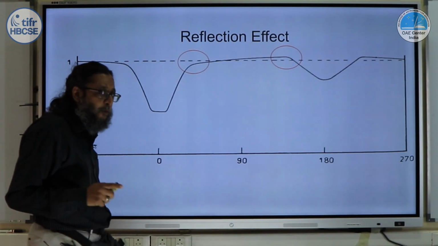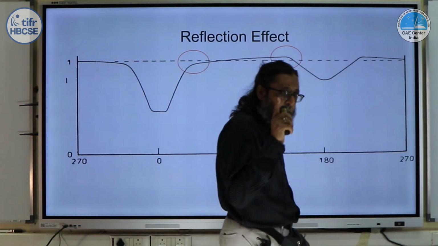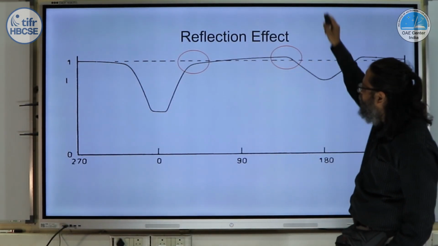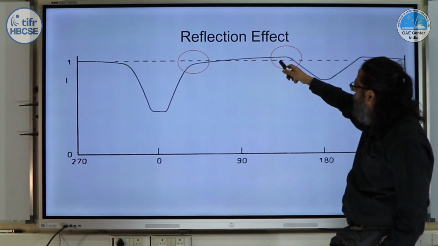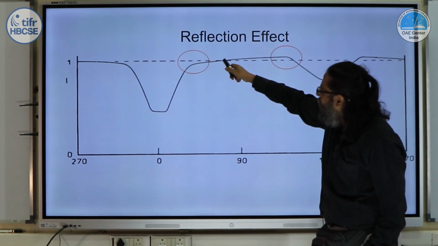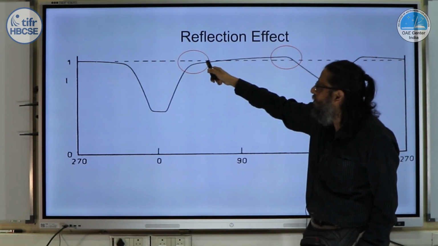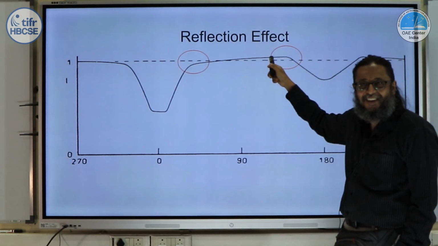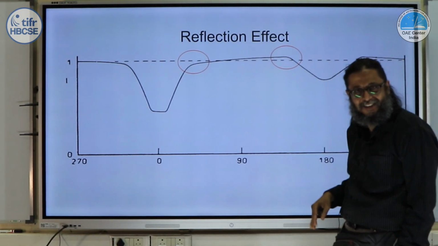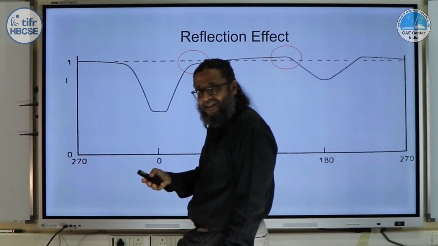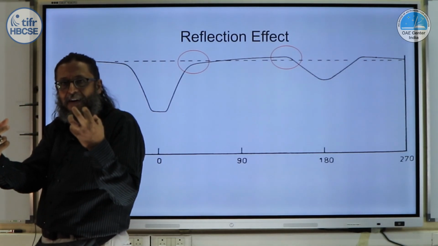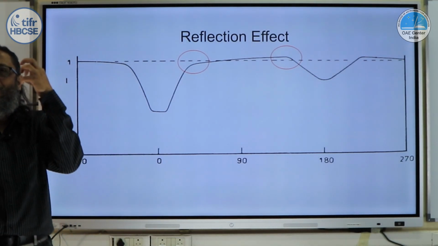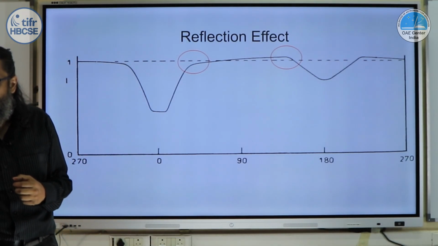Then very important is the reflection effect, because what happens here is that the total light doesn't remain constant. It is supposed to remain constant, right? So what happens is that one star reflects the light from the other. Okay?